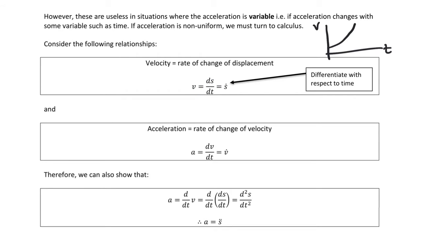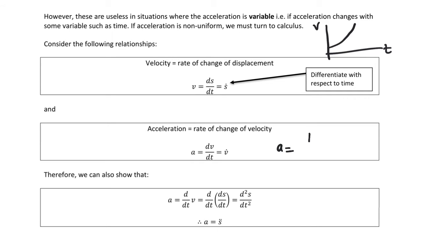Similarly, we should know that acceleration is the rate of change of velocity, so it's the gradient of a velocity time graph, and gradient is the rate of change. So the rate of change of velocity is dv by dt, or v dot.